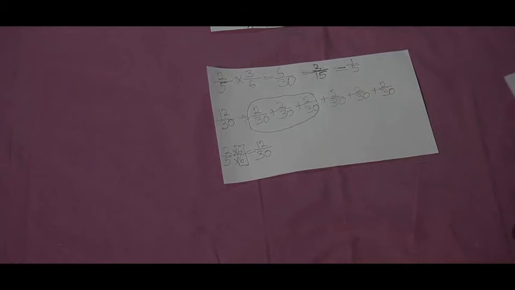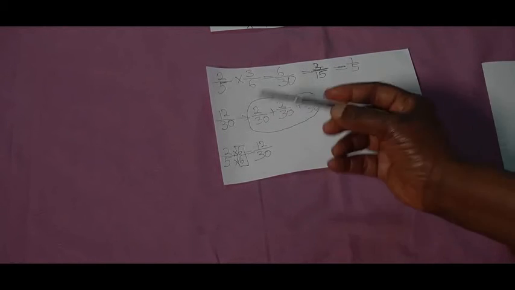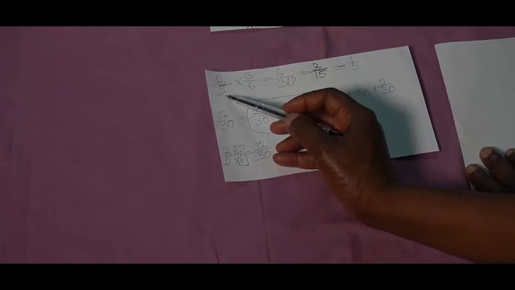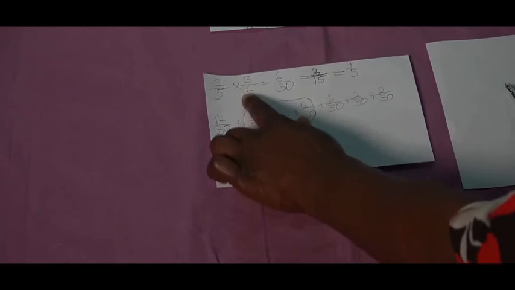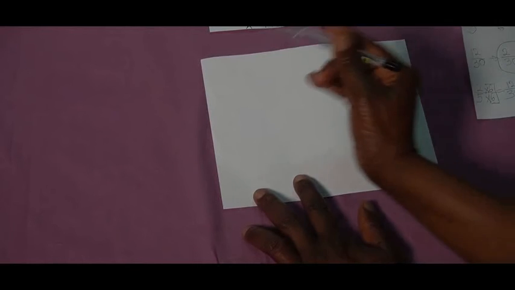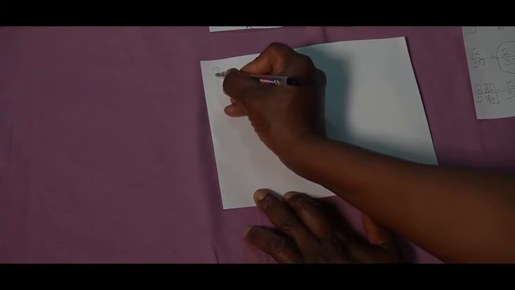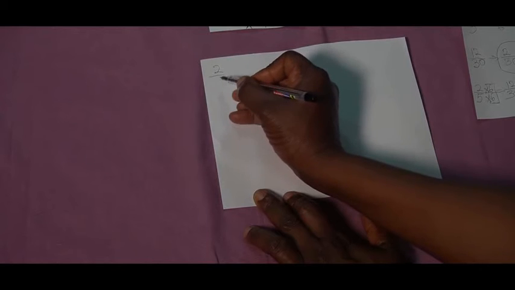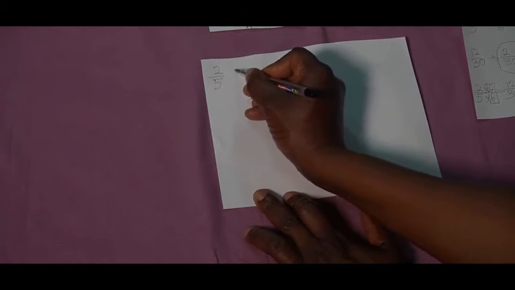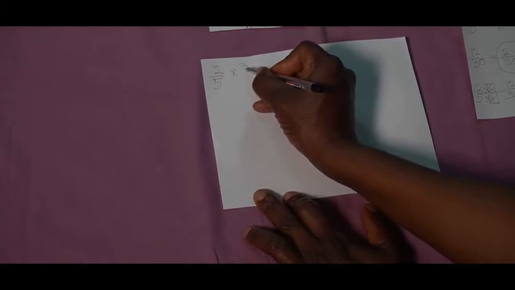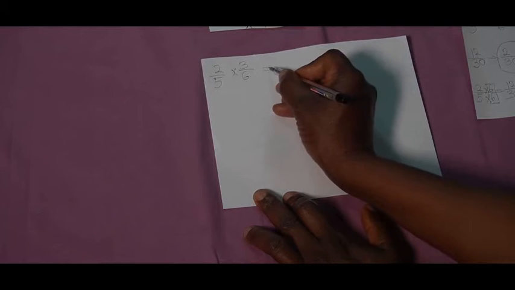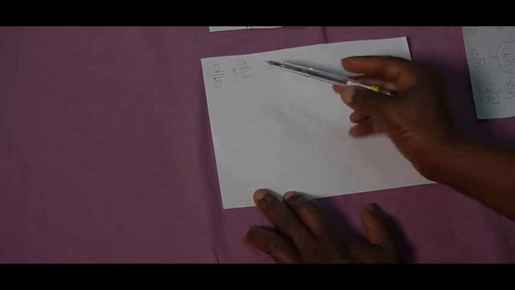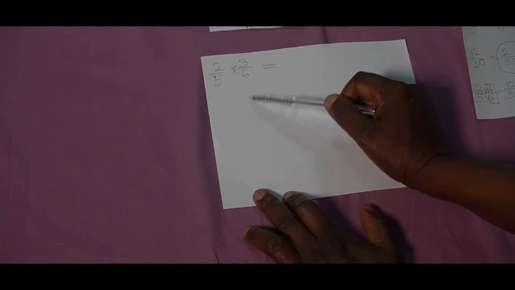There's another way we can do this work. 2/5 times 3/6. We can reduce this multiplier further.